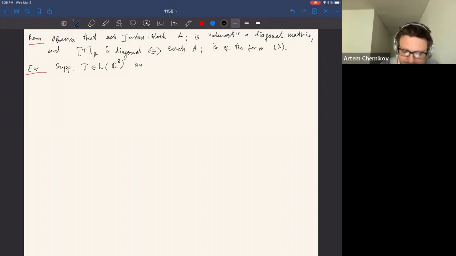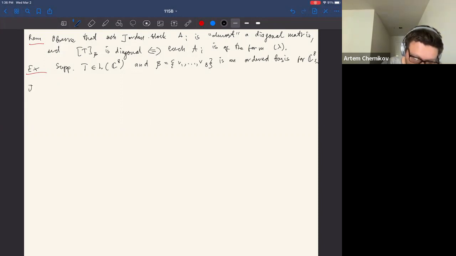So the field of complex numbers, the standard vector space C8, and assume that beta consisting of V1 through V8 is an ordered basis for the vector space C8, such that if we let J be the matrix representing T with respect to beta, this matrix looks as follows. This is just going to be an example of a Jordan canonical form.